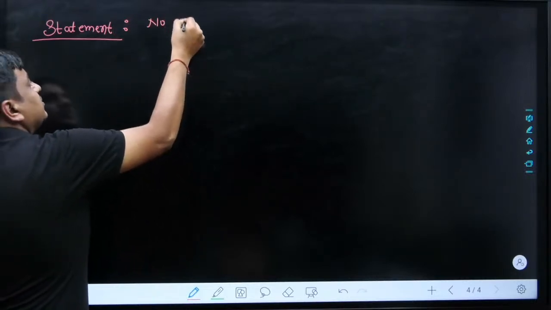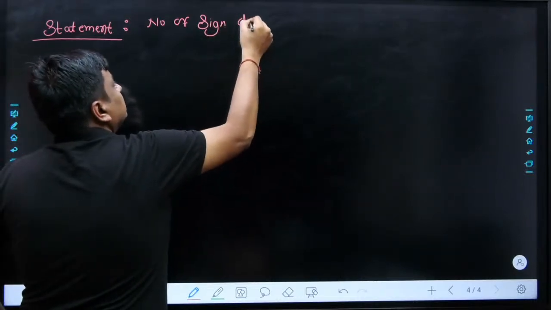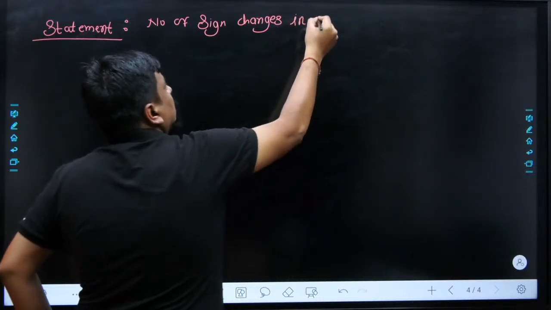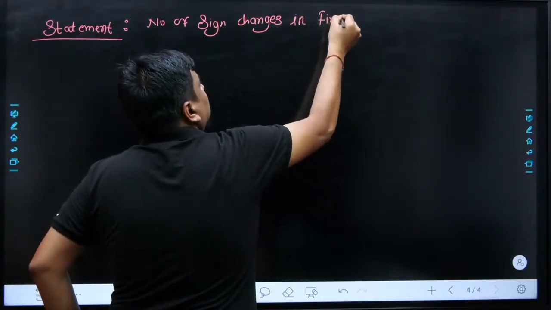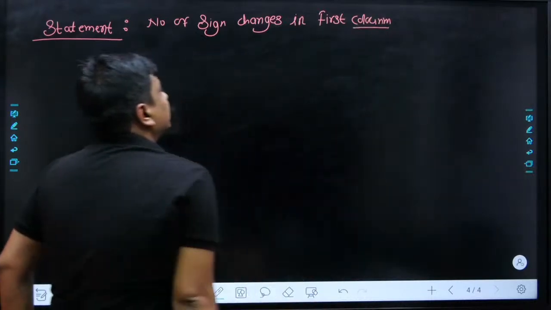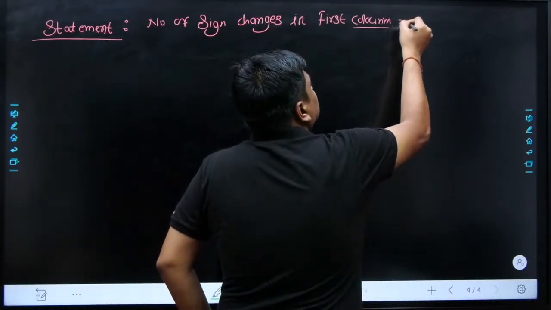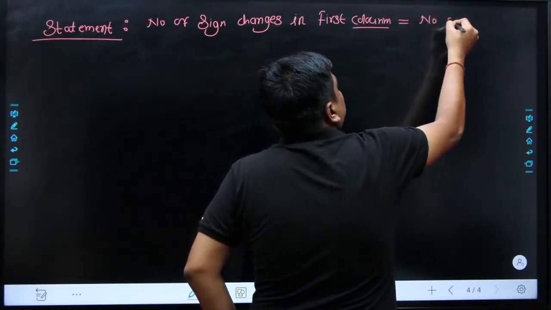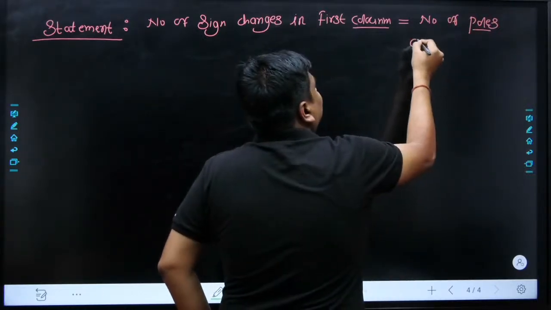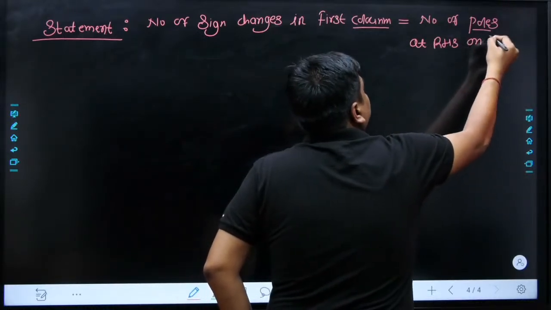Number of sign changes in first column of ROUTH-HURWITZ table is equal to number of poles at RHS on S plane.